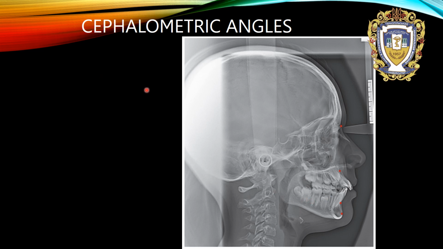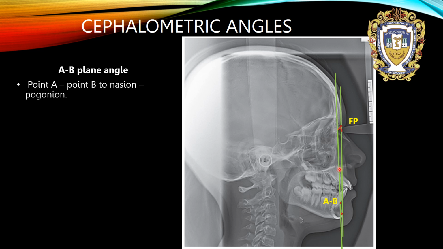AB plane angle. Angle between AB plane and nasion-pogonion plane.